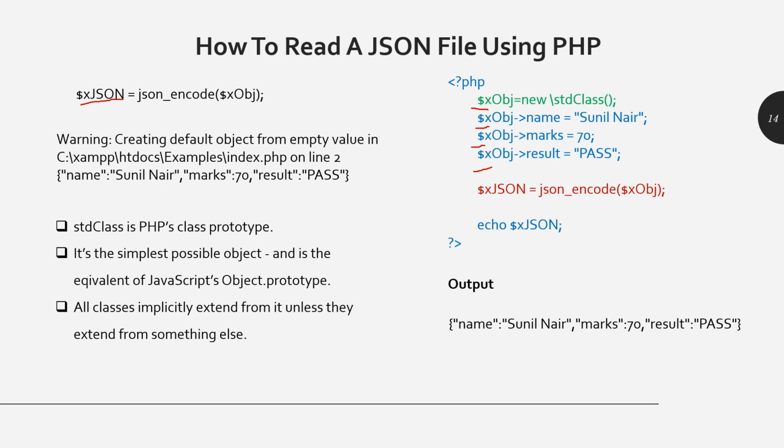Now we are going to discuss how to read a JSON file using PHP. To understand this, you should have some basics about PHP. PHP code is within these two tags. This is the opening tag, this is the closing tag.